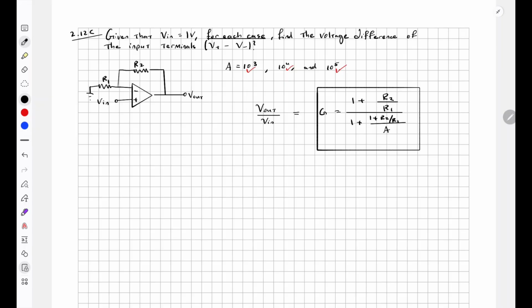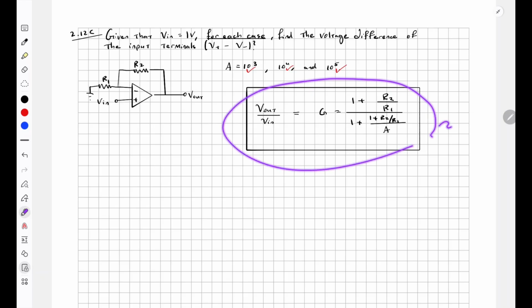That's the definition of closed loop gain G. Ideally, the open loop gain A of the op-amp would be infinity, but in real life, A is finite, not infinity. So in that case, we have to use this closed loop gain equation here. And the question is asking about 3 different cases of open loop gain, 10 to the third, 10 to the fourth, and 10 to the fifth.